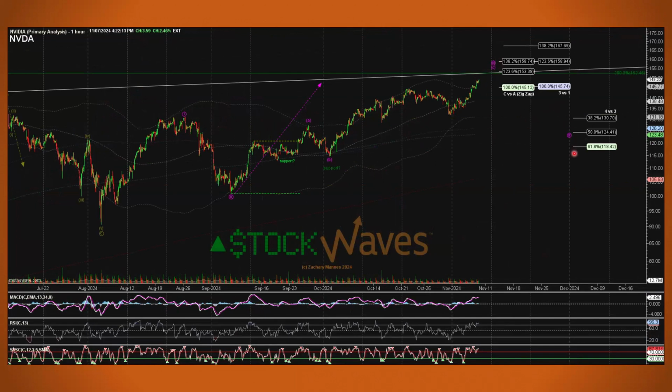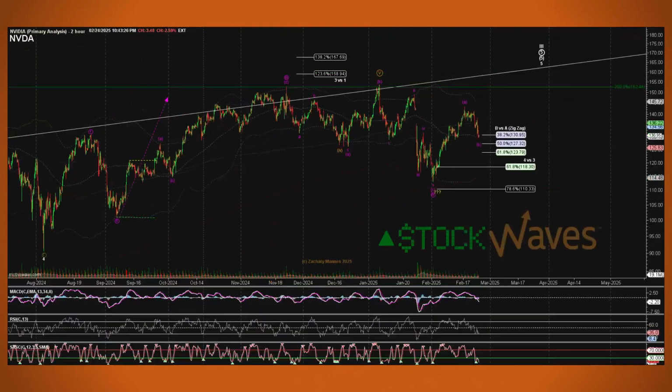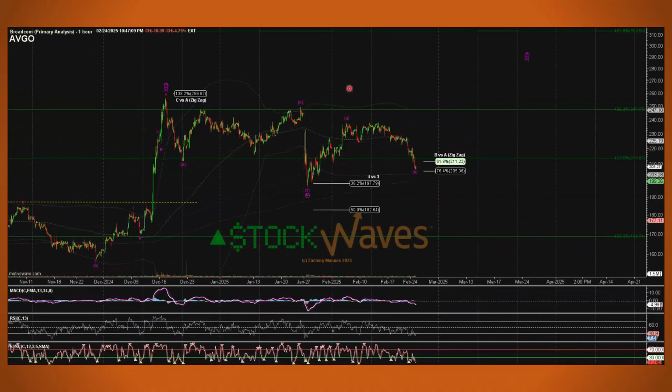Now, it got a little bit more than what we wanted to see for this fourth wave, but then recovered very, very nicely, getting 5 waves up as the A wave inside the fifth, and still is holding support now as a B wave retrace, allowing for a move up to a new high over that it made in November.